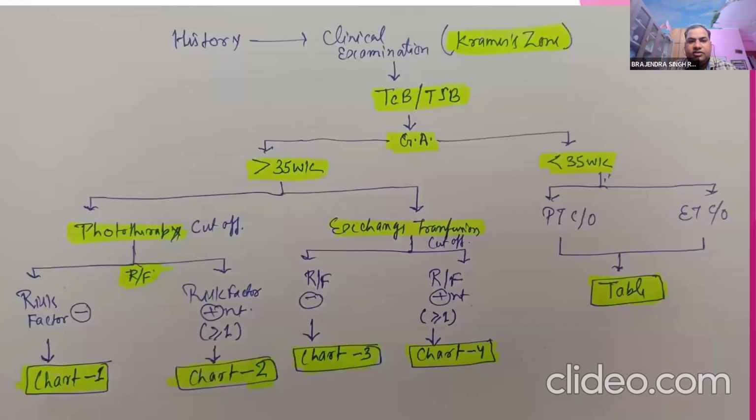So this is the flow diagram for the analysis of the charts. First I presented history, then clinical examination, Kramer zone, transcutaneous bilirubin and total serum bilirubin.